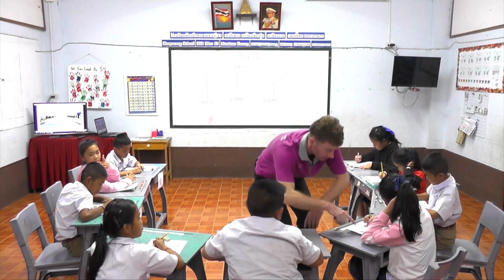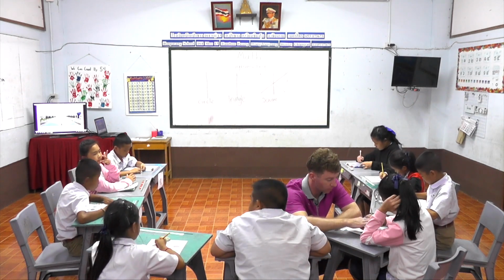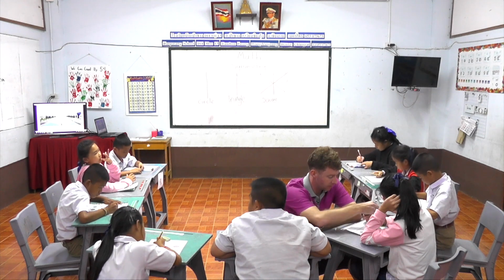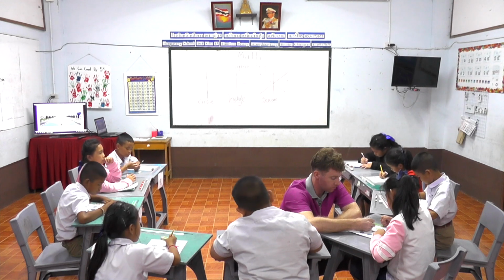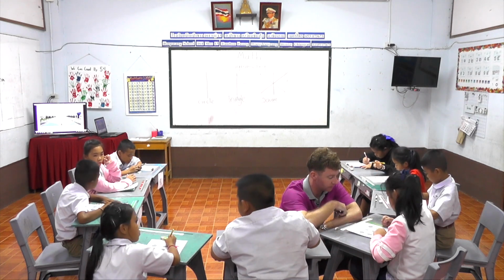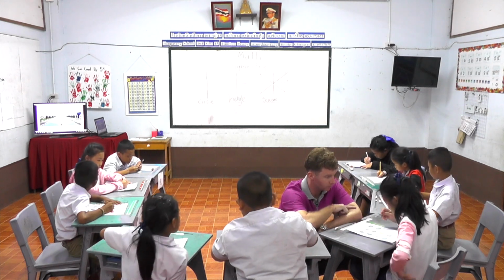So you can see down. So we have one line of symmetry here. One line of symmetry here. So we know we've got one. Can you find any more? That makes the shape look the same on both sides.